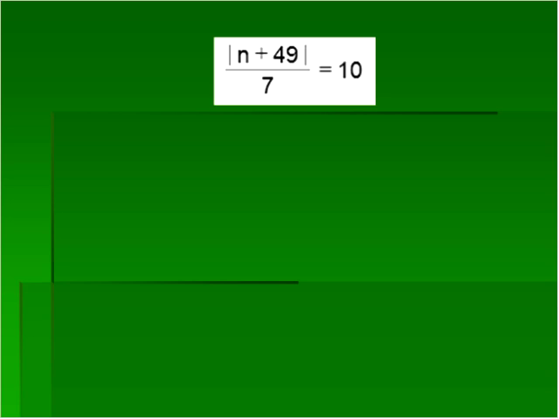Okay, again, let's work on isolating just the absolute value sign. So here's my absolute value sign. We need to do the inverse of dividing by 7. So the inverse of that would be multiplying by 7. So I would get the absolute value of n plus 49 equals 10 times 7, which is 70. And now I can go ahead and rewrite my two equations.